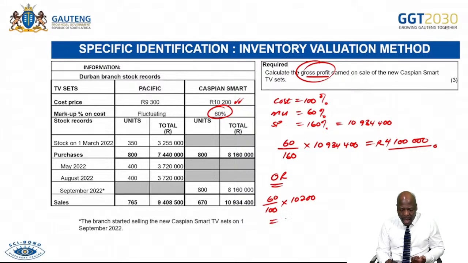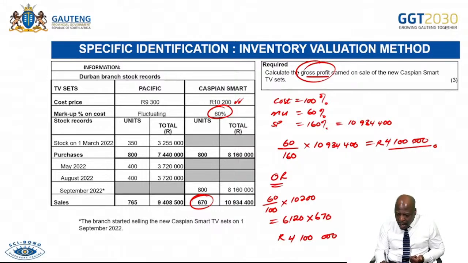That means our profit per unit is 6,120. This is profit per unit. How many units were sold? 670 were sold. Therefore, it will give you 4,100,400.